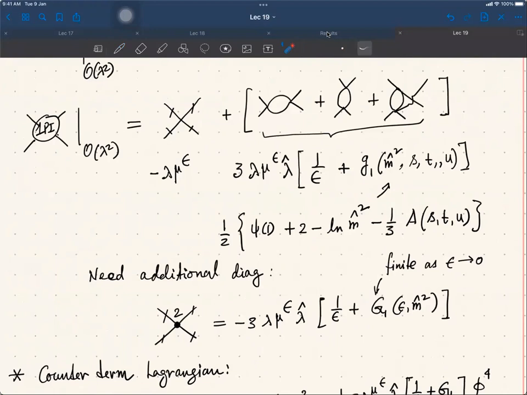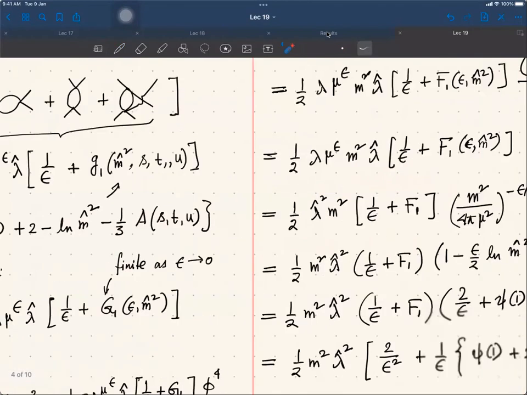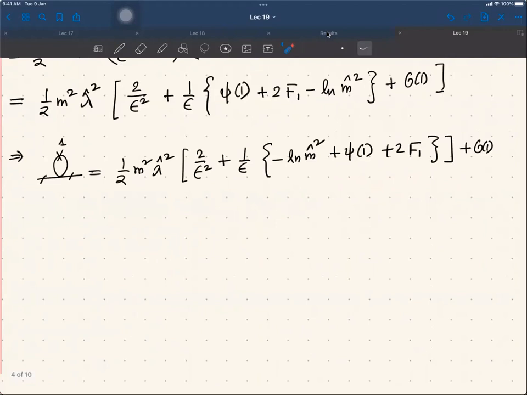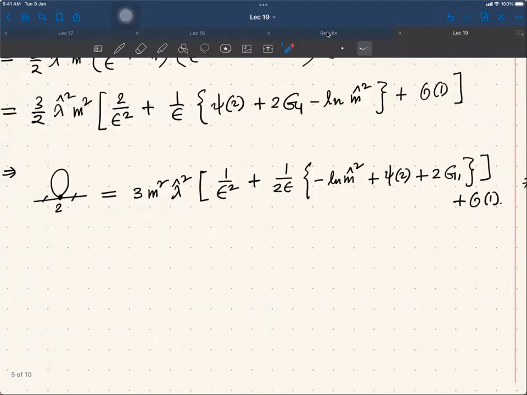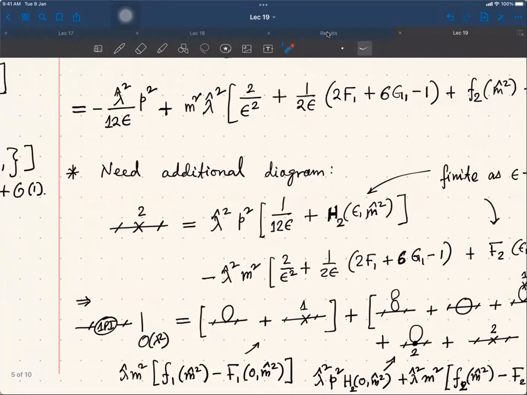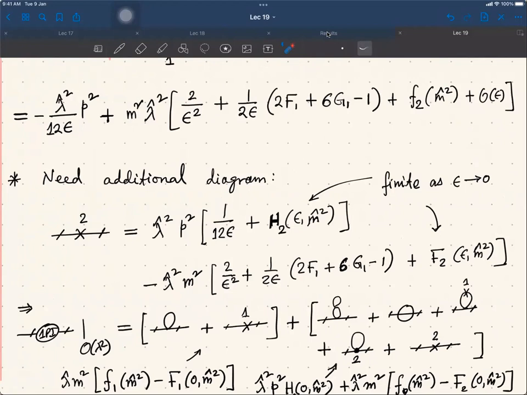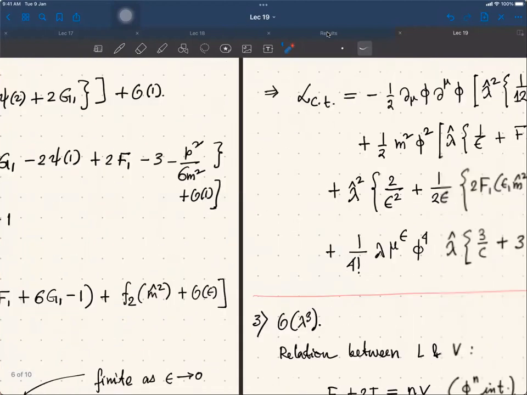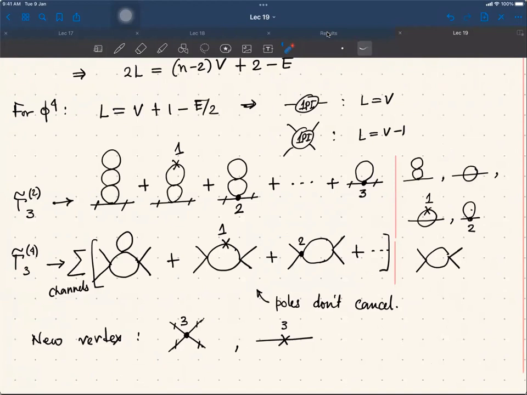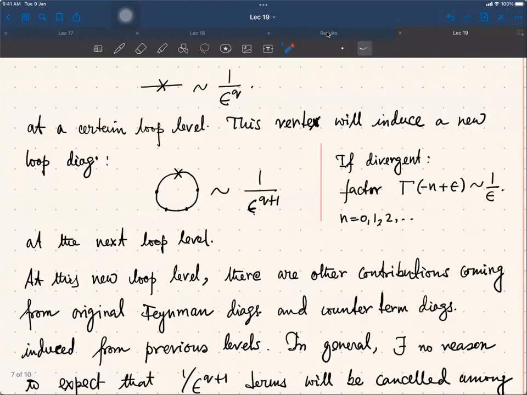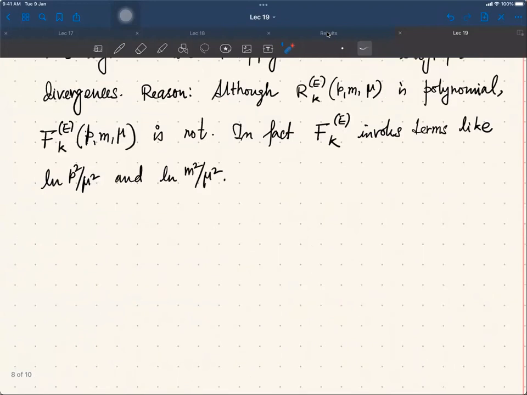So although the residue has the expected form, the finite part, which F is, has log m square, and in higher order terms, higher order diagrams, even log p square by mu square will also appear. Okay.